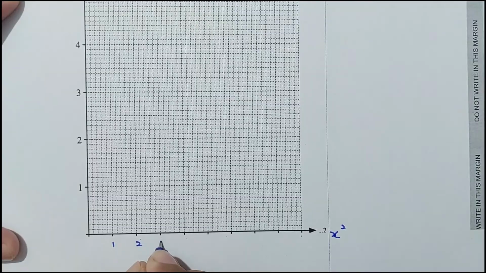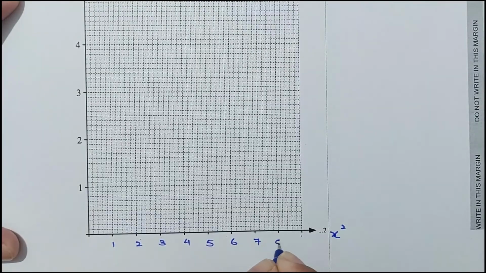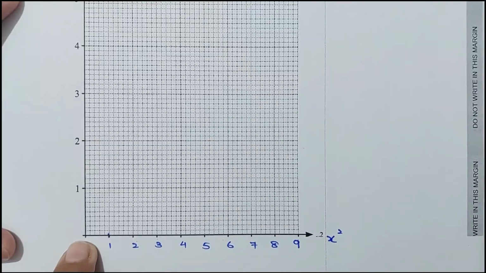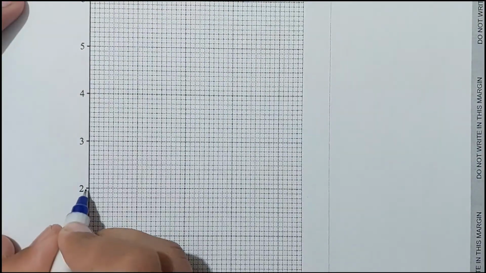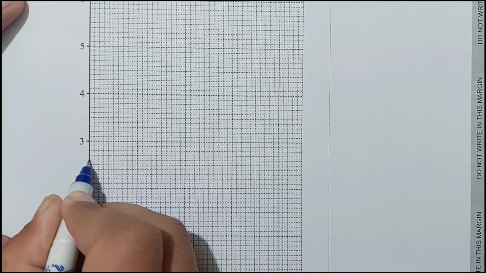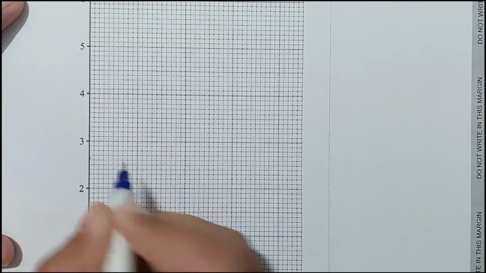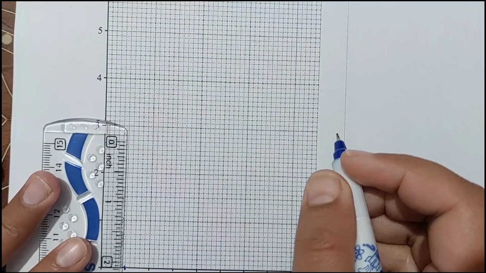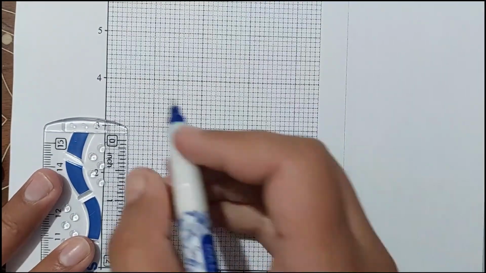When x square is 1, ln y is 2.64. This is 2, 2.1, 2.2, 2.3, 2.4, 2.5, 2.6, 2.64 for x square is 1.